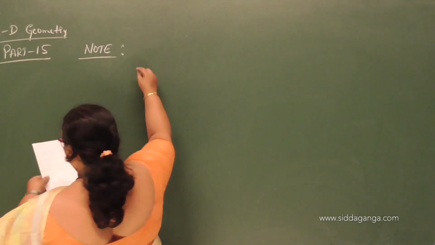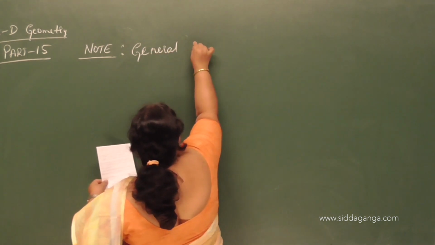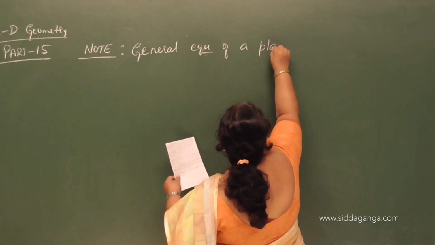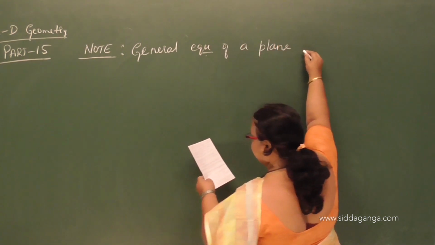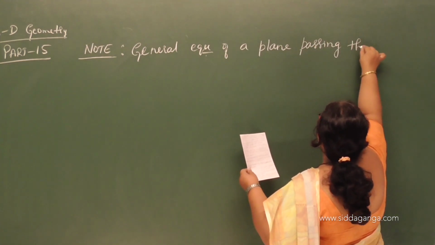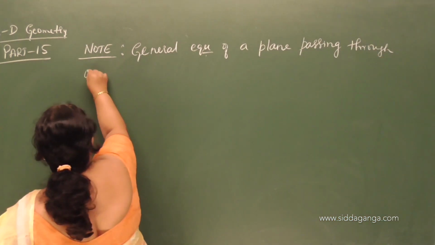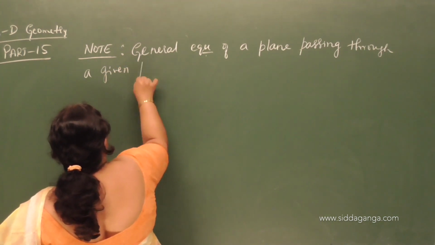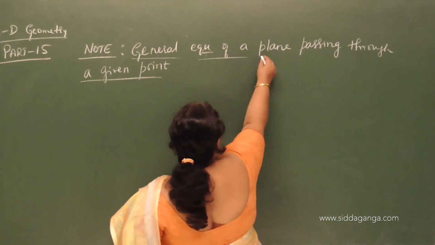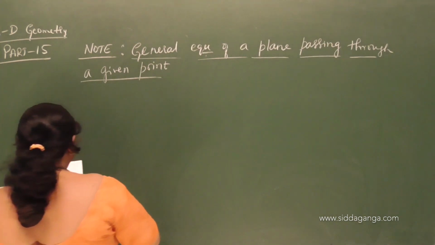Now here the note is: general equation of a plane passing through a given point.